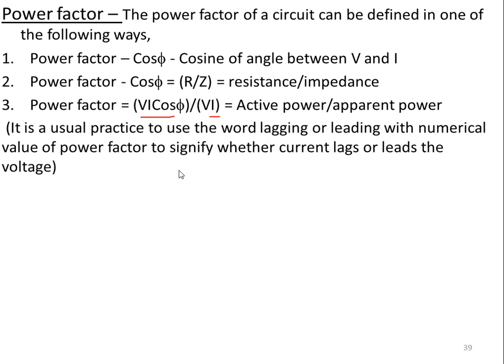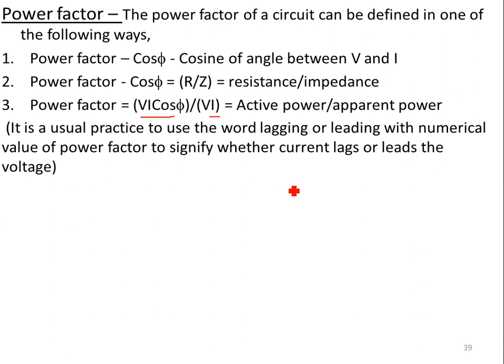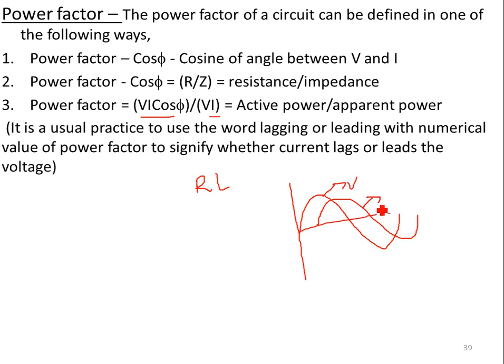Now, in usual practice, we use the word lagging or leading with the numerical value of power factor to signify whether current lags or leads voltage. I will explain with the help of the RL circuit and the RC circuit. In the case of an RL series circuit, this is voltage and this is current I. Current is lagging voltage by an angle phi.